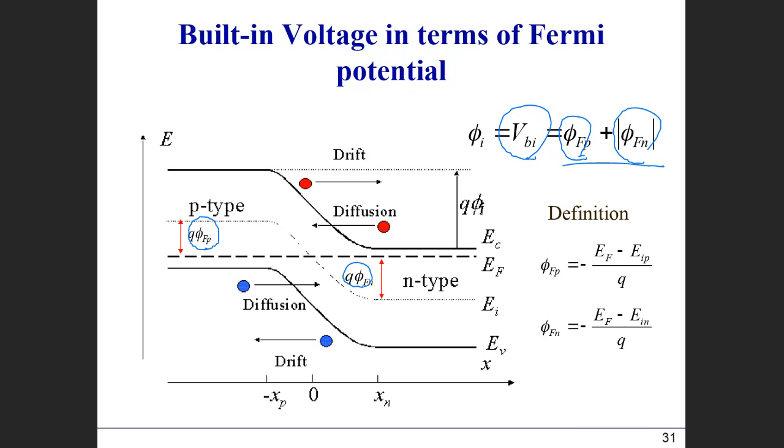If we add them together, that gives us the VBI. Each potential difference depends on the doping in the structure. So we roughly know that the VBI is related to the doping concentration.